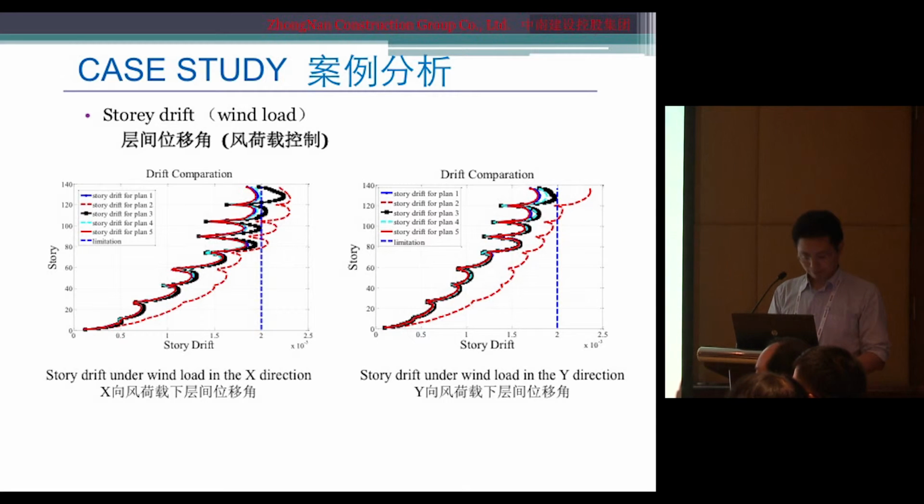And this is a comparison of story drift under wind load. Plan 2 and Plan 3 didn't satisfy the requirements for story drift.